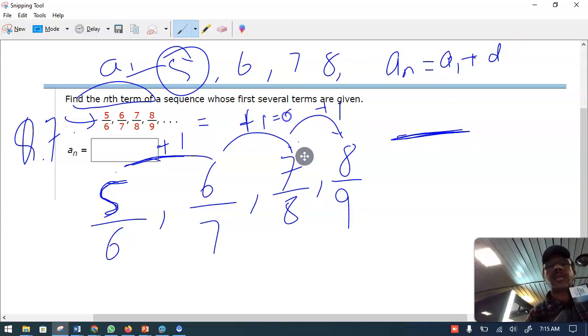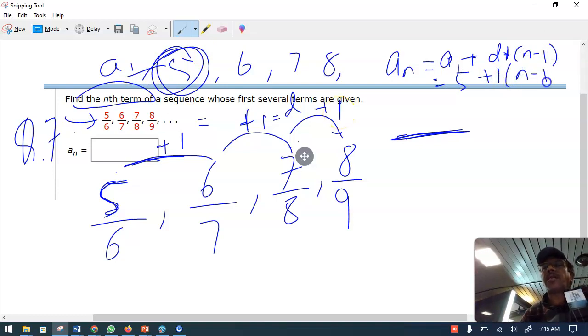Here the first term is 5, so this is 5 plus 1 times (n minus 1). This becomes 5 plus n minus 1, which equals n plus 4.